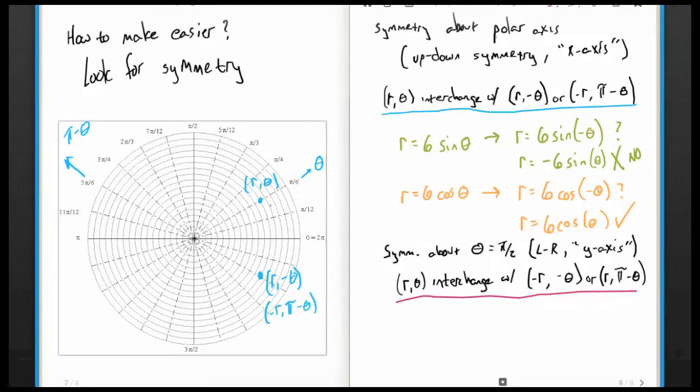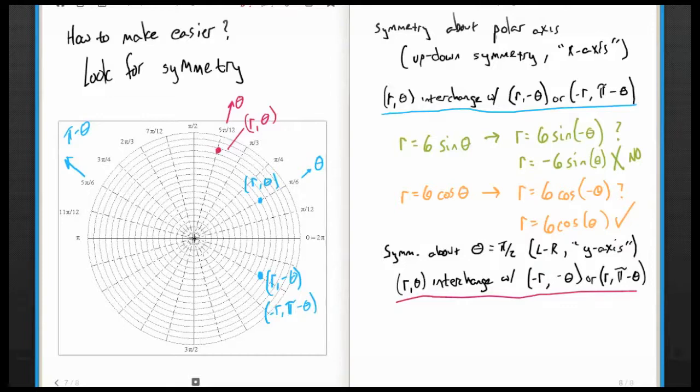So we'll do some point here, we'll call this one r and theta, so 5 pi by 12, and let's do it way out here. We're going to make this direction theta, and this point will be r comma theta. Now it interchanges with negative r and negative theta.